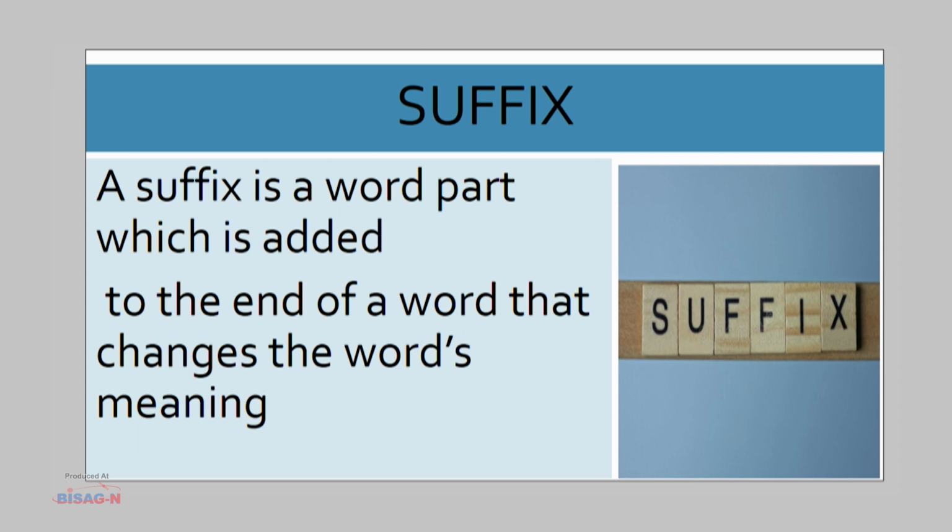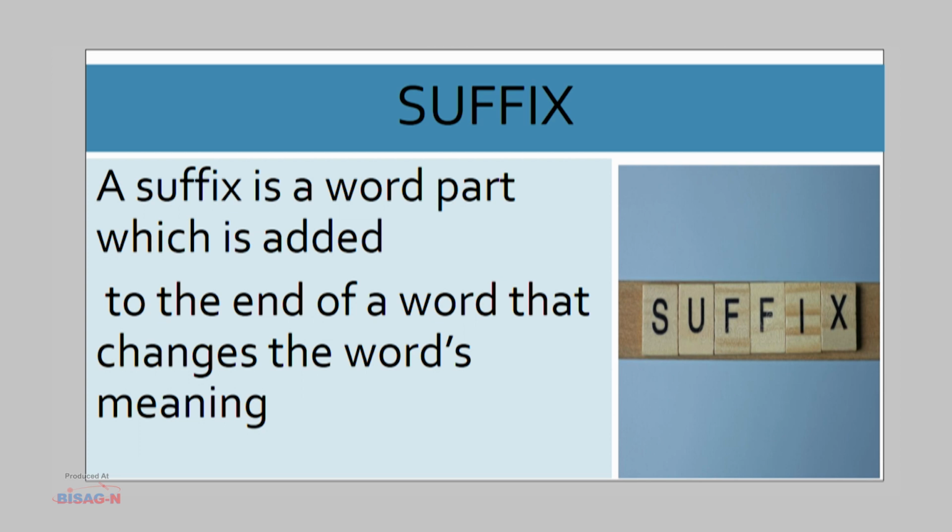So let us move ahead. I'm going to talk now about suffix. Very nice. A suffix is a word part which is added to the end of the word. Prefix was something at the beginning of the word, and suffix is something added to the end of the word that changes the word's meaning.